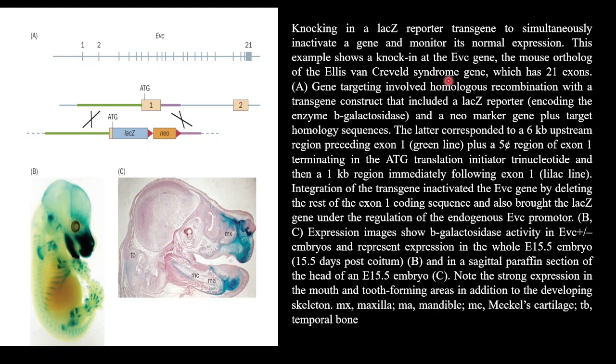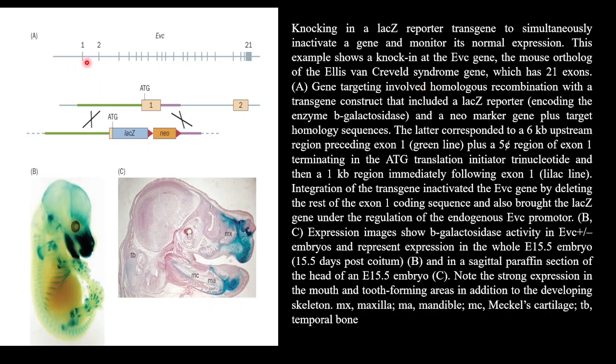The child has very small fingers and defective craniofacial features. So scientists want to study the relevance of this gene. If you inactivate this gene, what will happen? Like that, they want to study.